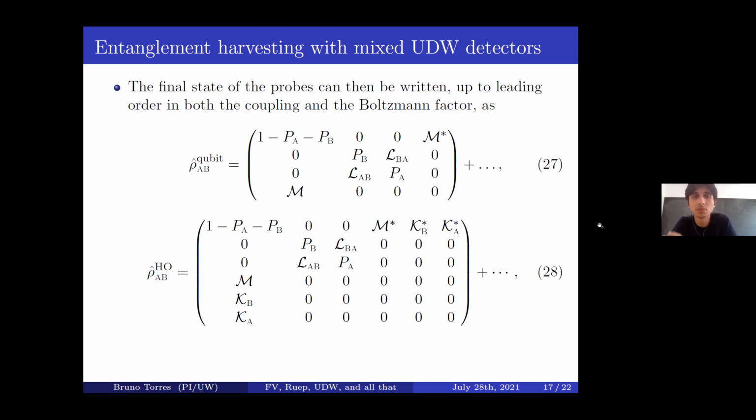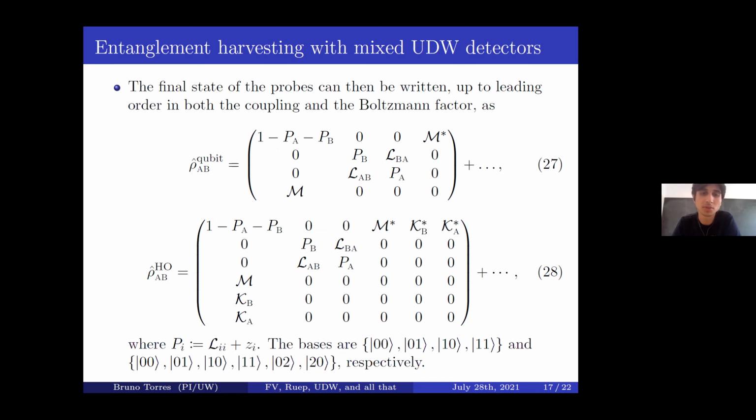Now it's just doing the calculations to see what is the final state of the probes, and in terms of the canonical basis for both the two-level system and the harmonic oscillator, the matrix representation is given by this, where the only difference that I want to highlight between this and the usual ones that you may have seen in vacuum entanglement harvesting with pure probes is these diagonal terms here that I labeled PA and PB, which just get a correction from the occupation number of each mode from the non-zero temperature, right?